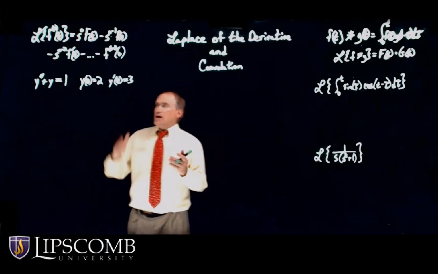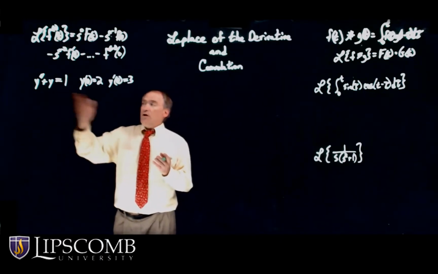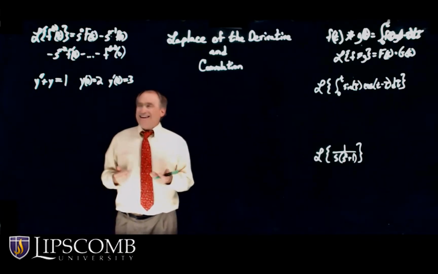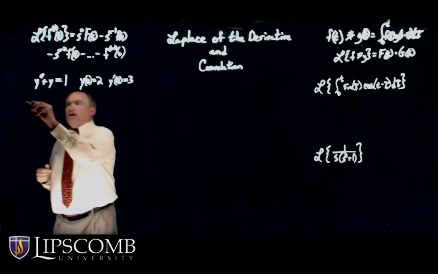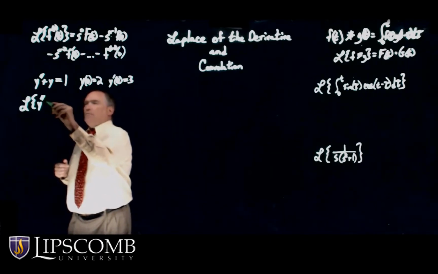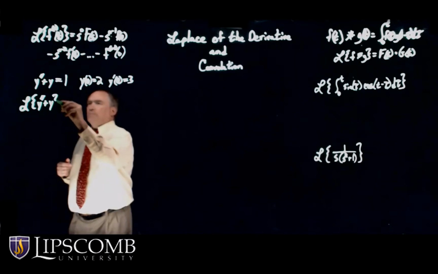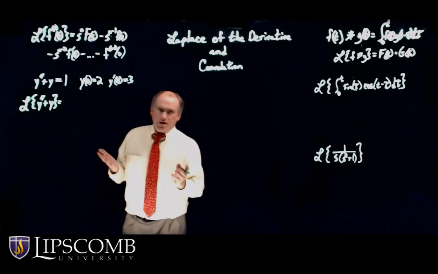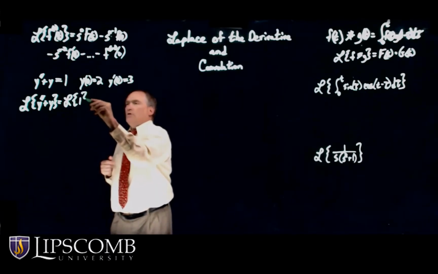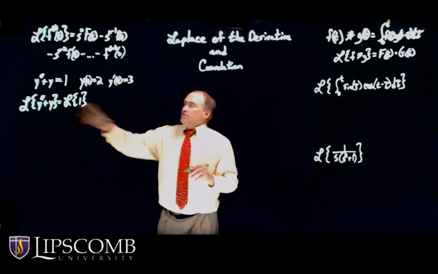So I'm going to take the Laplace of all this, and let's find out what the Laplace of y is. So we're going to take the Laplace of y double prime plus y, and what you do to one side, you must do to the other, Laplace of 1. So now I have that.